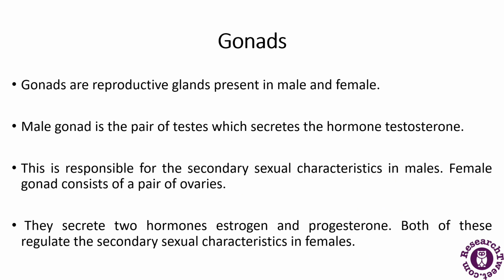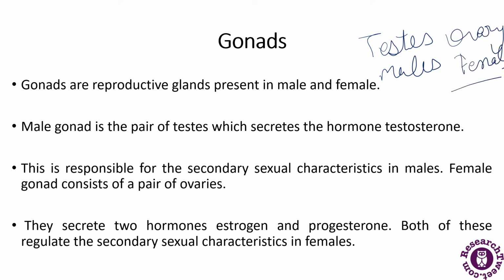Now comes the gonads. They are the reproductive glands, present in both the male and the female. I have shown you the figure in which there were testes, which I told you are present in the males, and there were ovaries in the females.